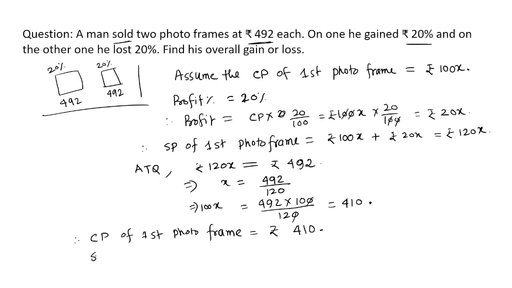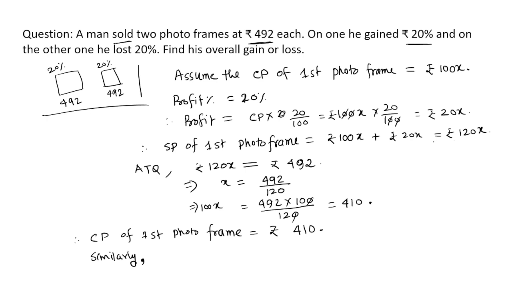Similarly, if you do it for the second photo frame, there is a loss. So you have to write loss here. The SP now would be CP minus the loss, so here you need a negative sign.